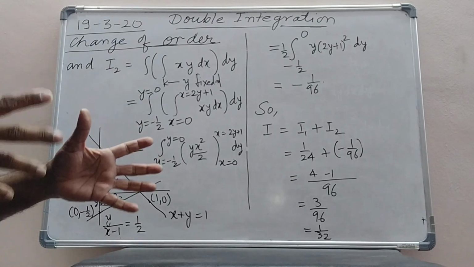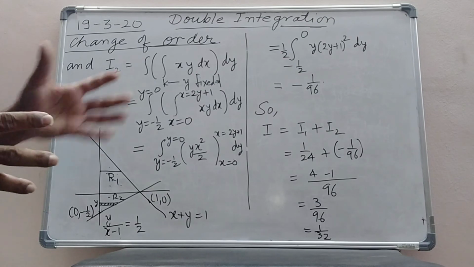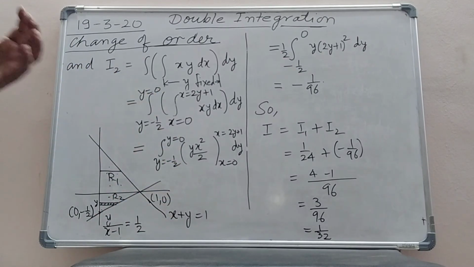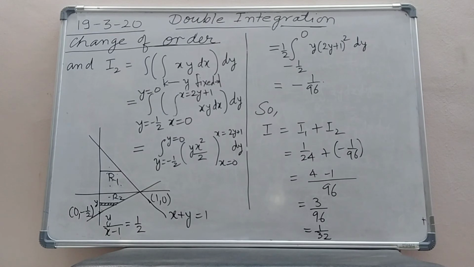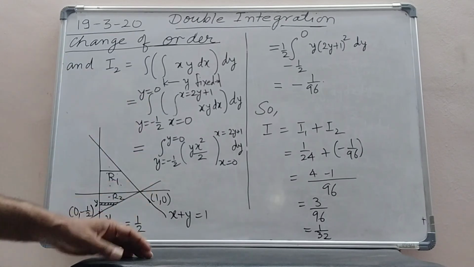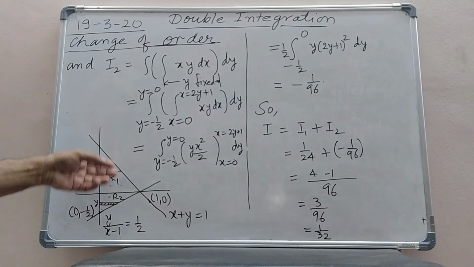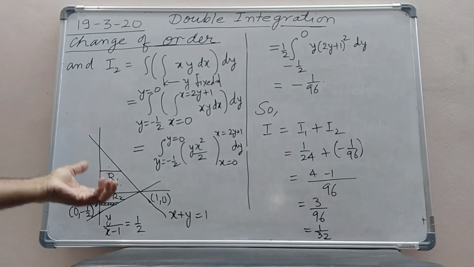So when you compare the two calculations, the first part of the calculation was when we had integrated first with respect to y and then with respect to x. We did not have to break the region into two parts. Whereas if you first integrate with respect to x and then with respect to y, you have to split the region into two parts. And I think the reason is clear to you now.